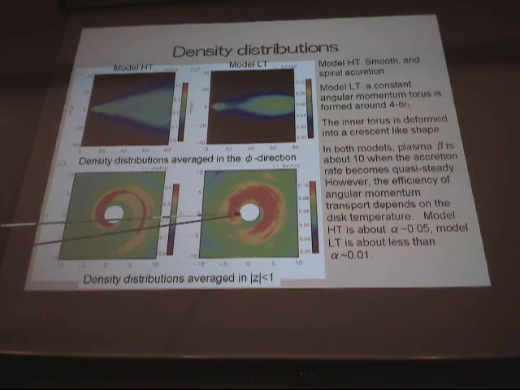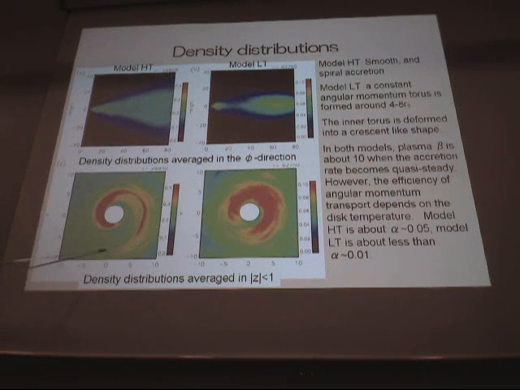The plasma beta of both models is almost 10 in this region. But the difference in angular momentum transport rate leads to this difference.